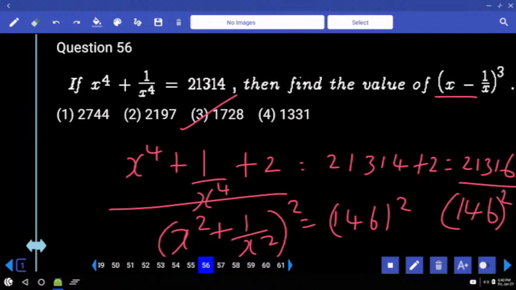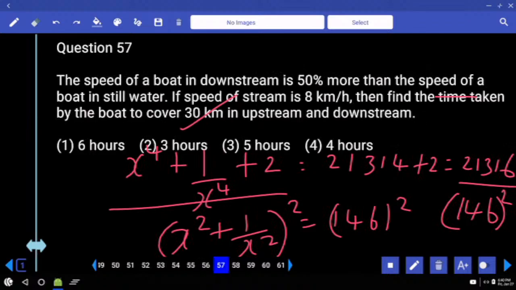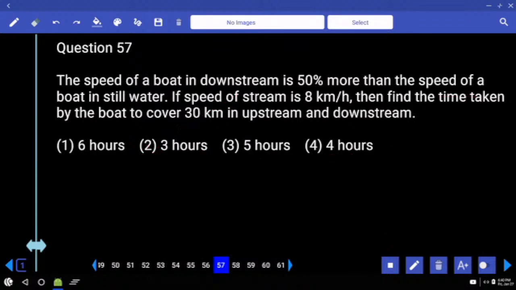Right. 57th question. The speed of the boat in downstream. Now downstream speed is what actually, u plus v, let's assume. Take any nomenclature: u means speed of boat in still water, v means speed of stream. It is 50% more than the speed of boat in still water.